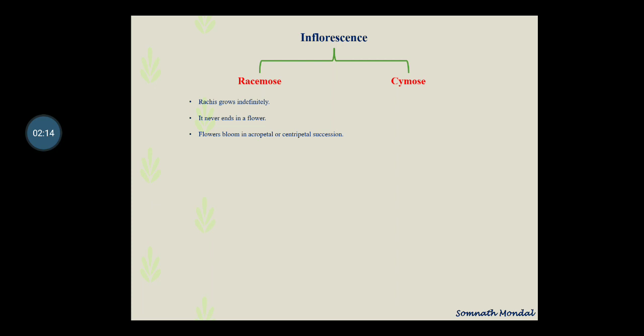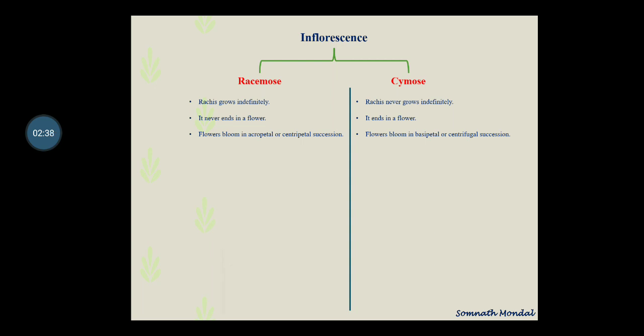Now let's have a look at cymose first. It is almost the opposite. That is, rachis never grows indefinitely. There is a definite length of rachis. It ends in a flower, and flowers bloom in basipetal or centrifugal succession.